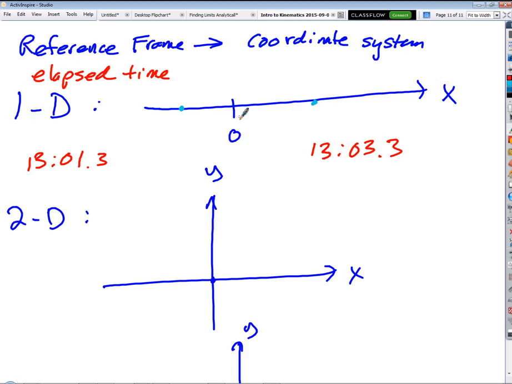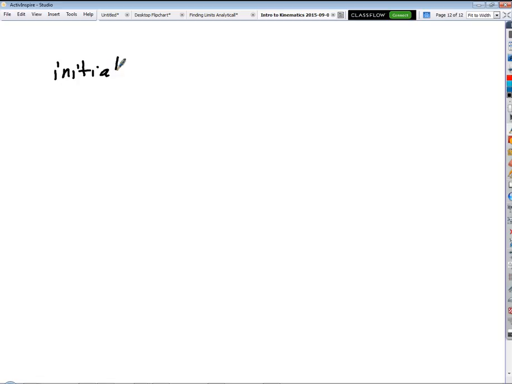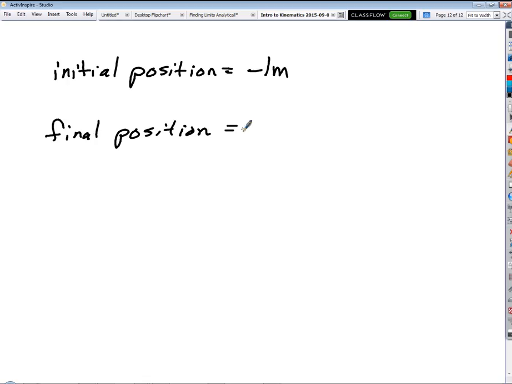Okay, so I could say that my initial position, in this case, equals negative 1 meters, and my final position equals positive 2 meters.